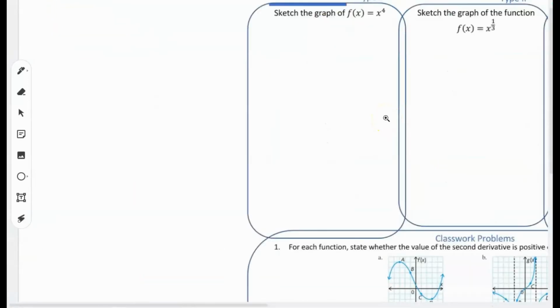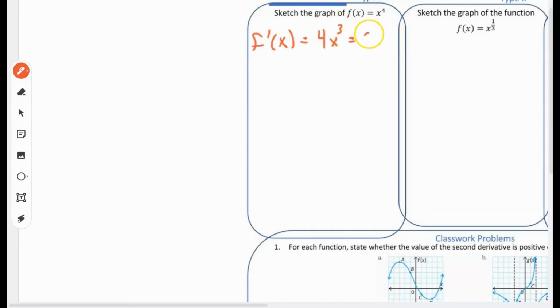Alright, so in this first example, I chose this example because it's going to show you how you can get a second derivative equal to 0 at a point that is not a point of inflection. So we have the function f of x equals x to the power of 4. So we can find that first derivative, and we get 4x cubed.